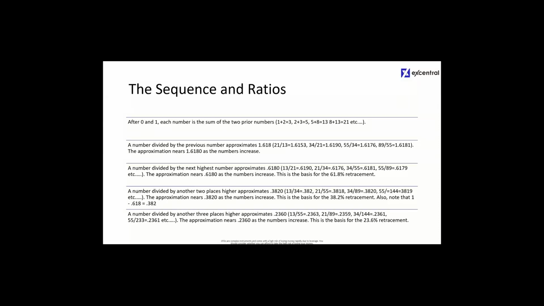So, as we said, we have 1 plus 1 equals 2, 2 plus 3 equals 5, giving us the sums of all the numbers in the Fibonacci sequence.